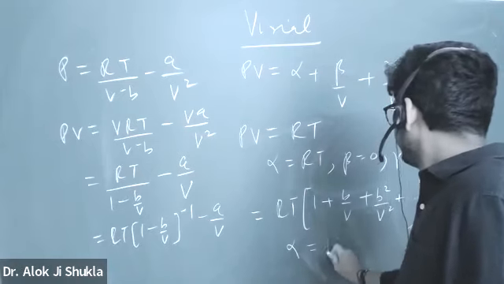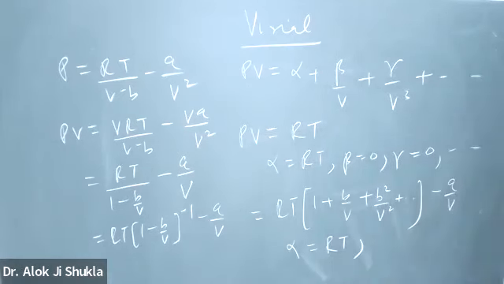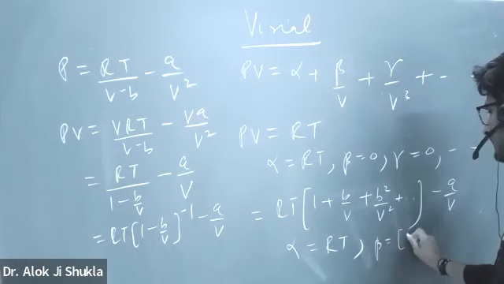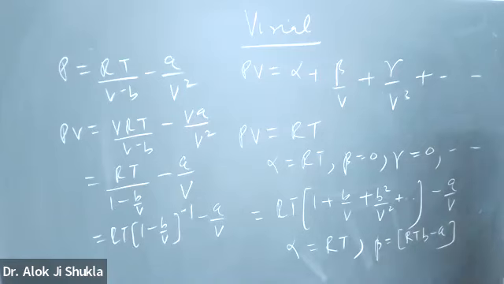Tell me. RT. What is the value of beta? B minus A. No. Sorry, it is BRT. RTB minus A. What is the value of gamma? RT B square.